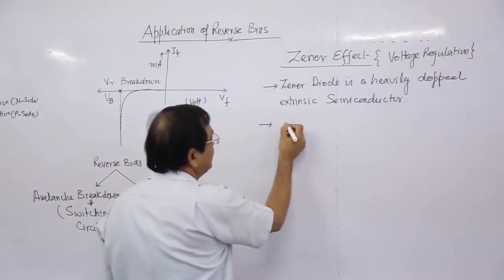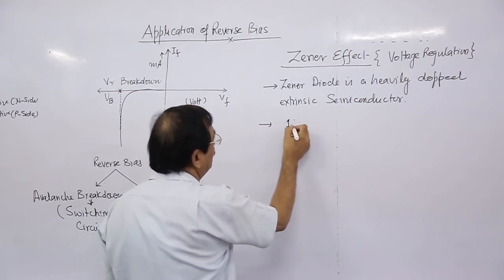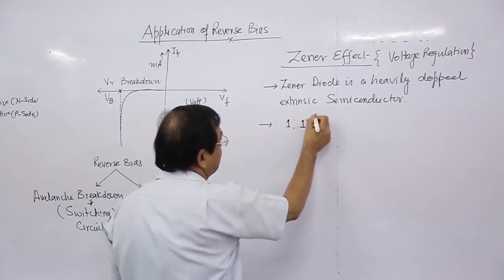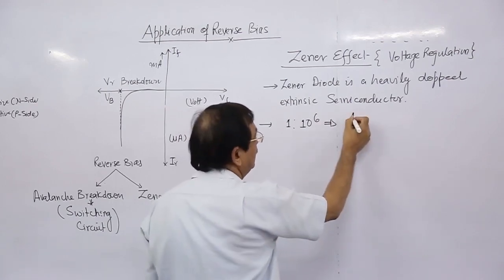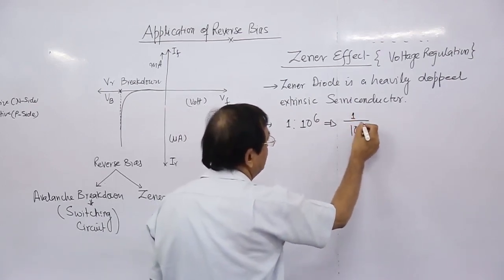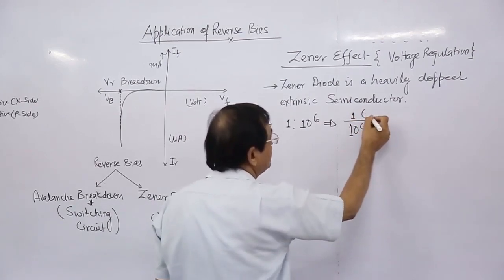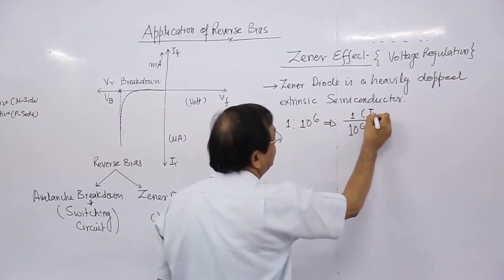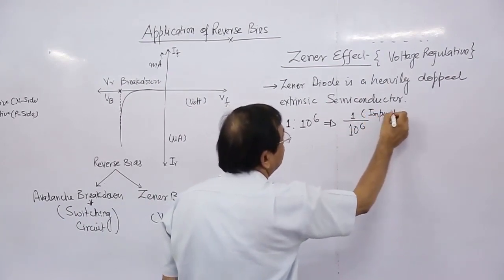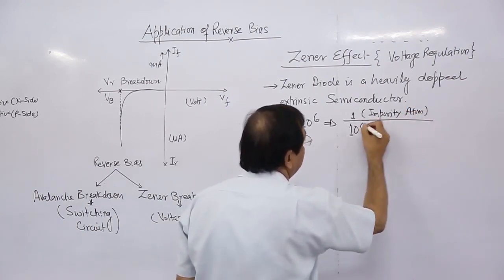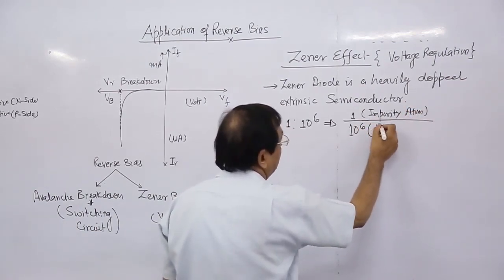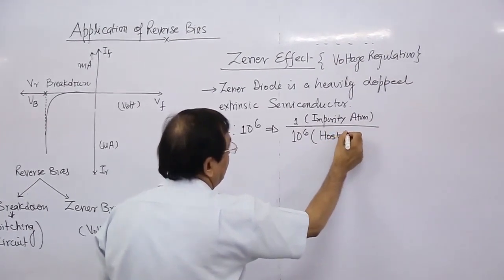The doping is 1 in 10 to the power 6. That is, one impurity atom amongst 10 to the power 6 host atoms.